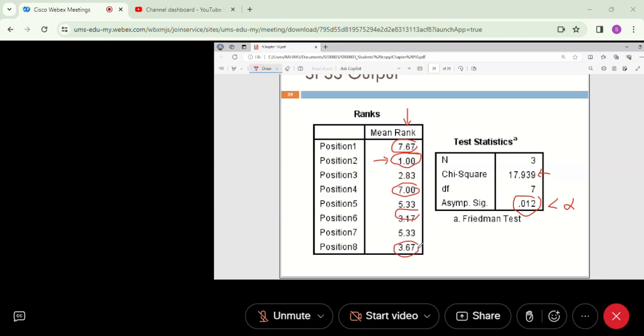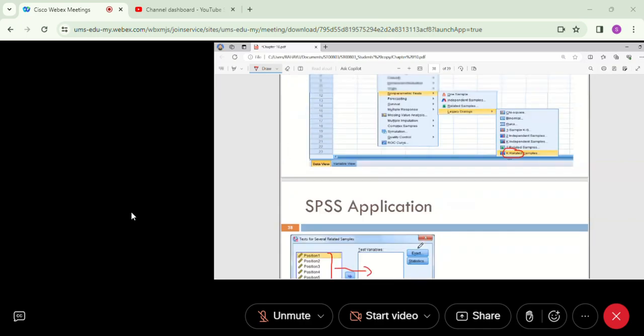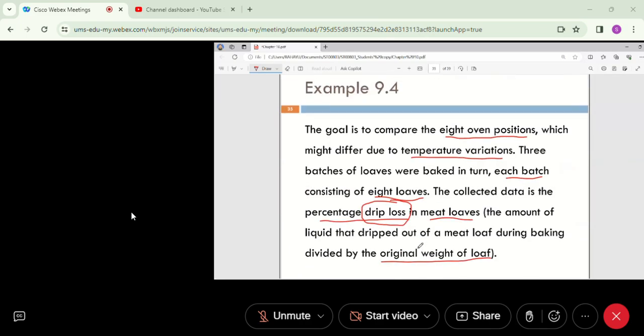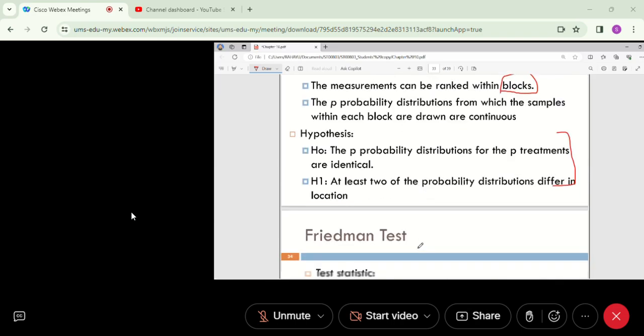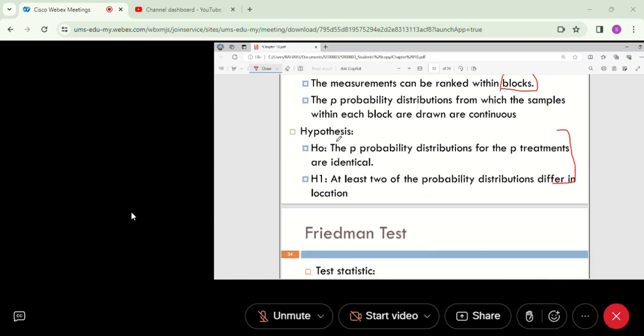So how do we know which one is the best, which one is the worst? Because in non-parametric techniques, we don't have multiple comparison or post hoc analysis. Okay, this is not on the slide, so please listen carefully. For the Friedman test, we can actually perform multiple comparison by performing multiple Wilcoxon signed rank tests.